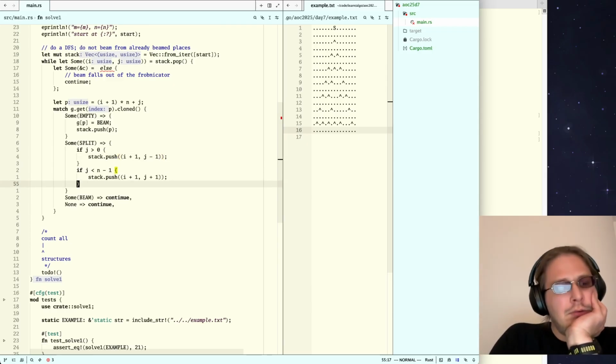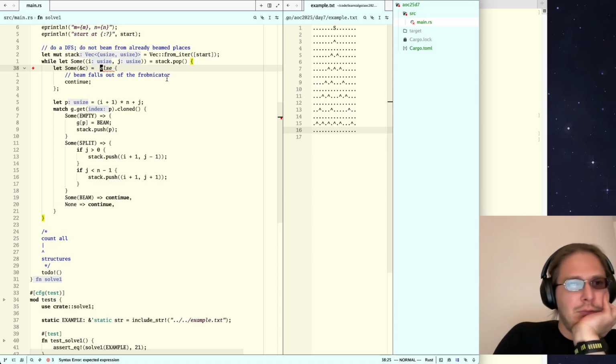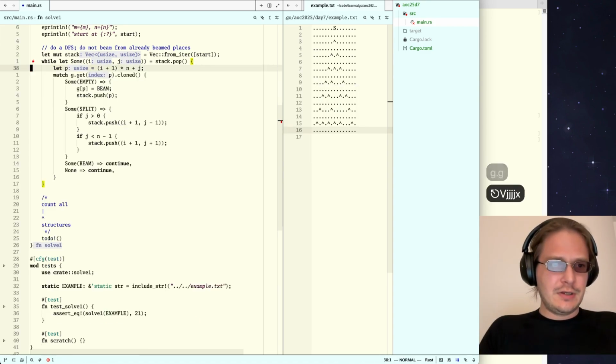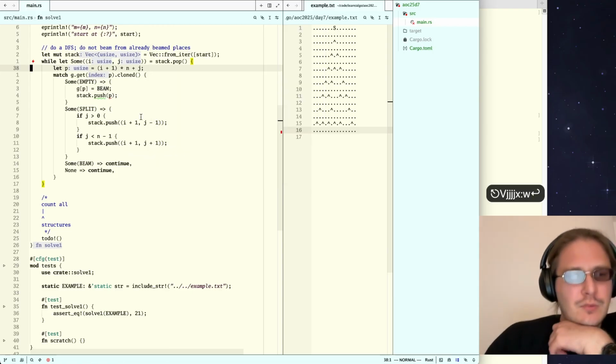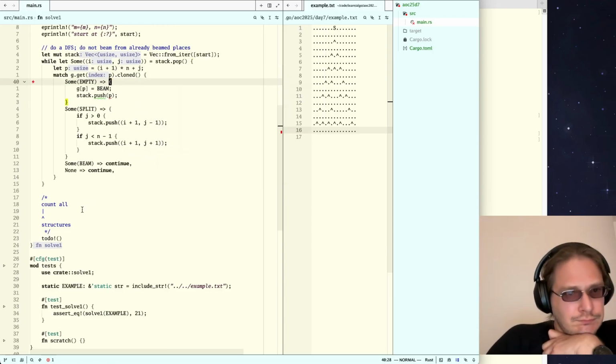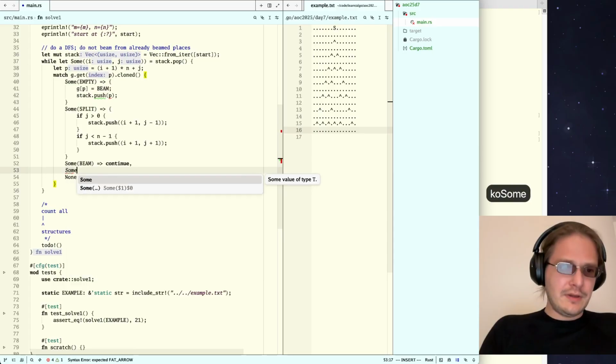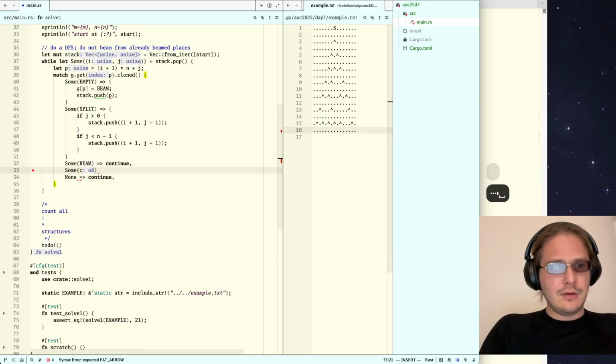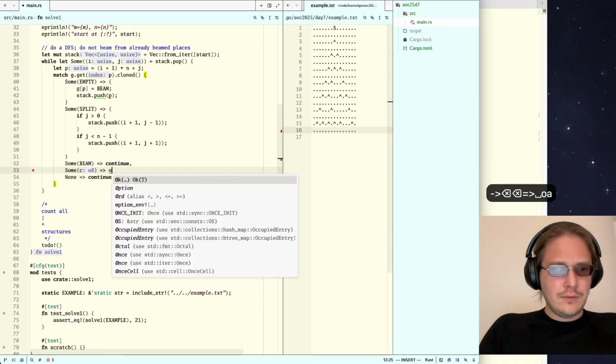Okay. Is that it? What happened here? Oh, yes, I just removed it. And if there is any other cell value, then we panic.